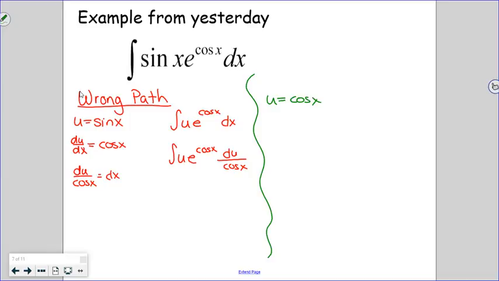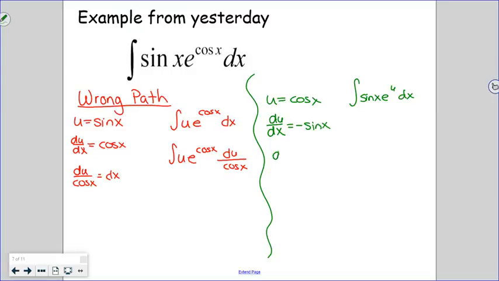You always want to keep in mind, what is its derivative? Is that something else I'm seeing in there that could help me? And sine and cosine are derivatives of each other, right? So those are obviously the ones that we would want to pick. Then our integral became sine of x e to the u. We did our derivative over here, and again, we did all of this yesterday.